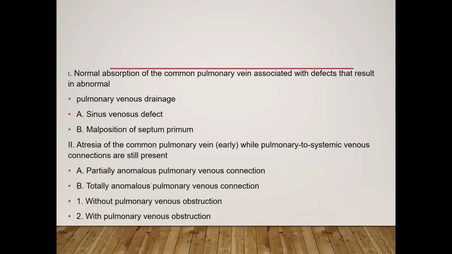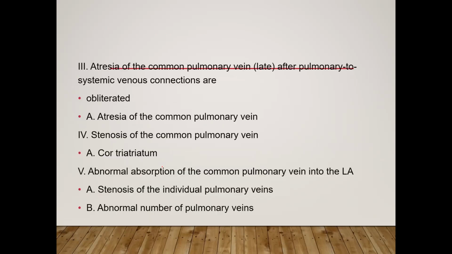These are the only defects I have explained. That is normal absorption of the common pulmonary vein associated with the defect that results in abnormal drainage, that is sinus venosus defect or malposition. And in TAPVC and PAPVC, as we have seen, there is atresia of the common pulmonary vein where pulmonary and systemic venous connections are still present.